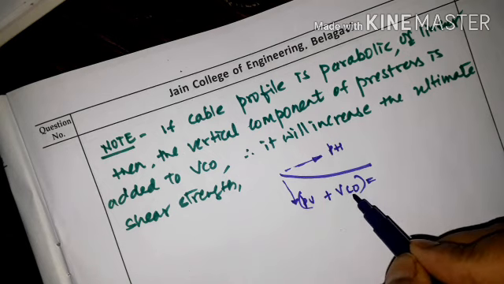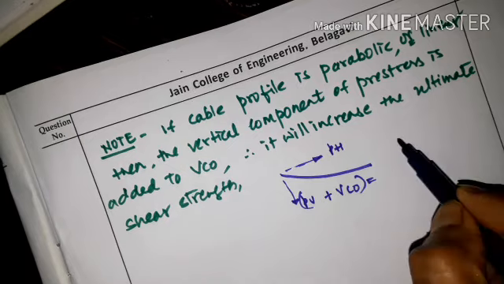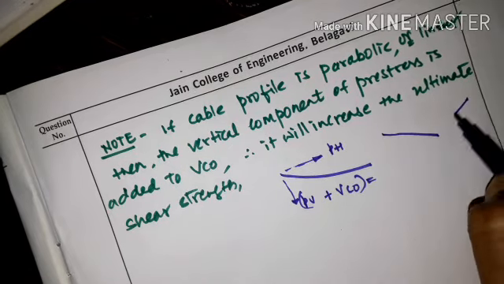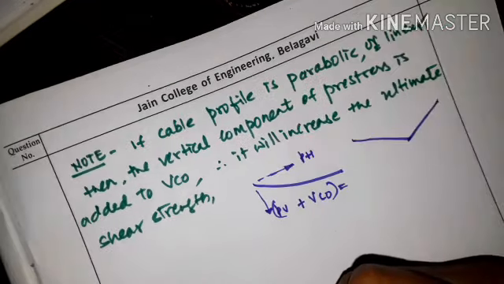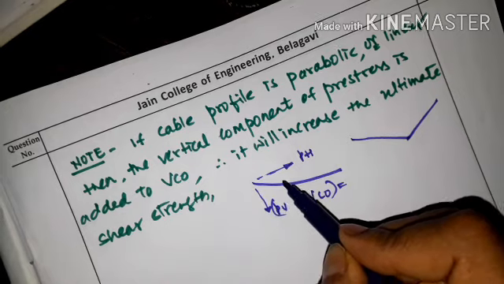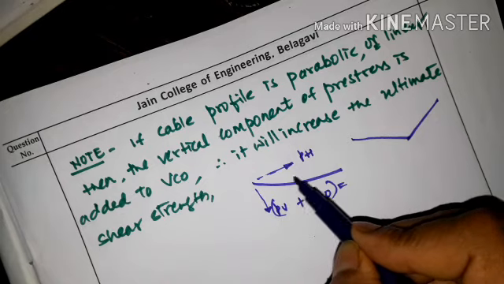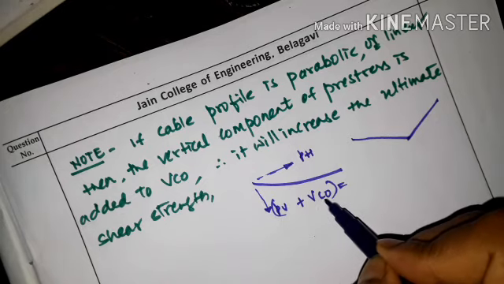So whether the cable profile is linear, that is triangular, or parabolic, we need to add the vertical component in VCO, the design shear strength.